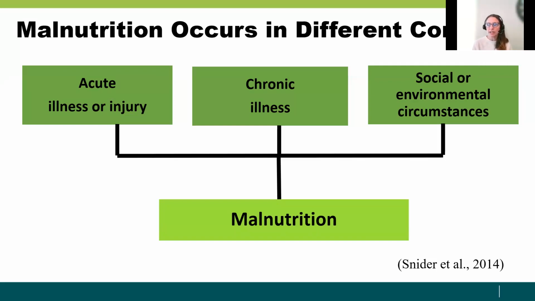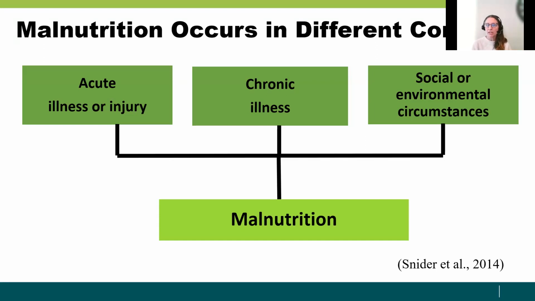This might be something like pneumonia or the stomach flu or surgery, causing an increased need or a decrease in intake for that person. Or malnutrition might come in the etiology of chronic illness.